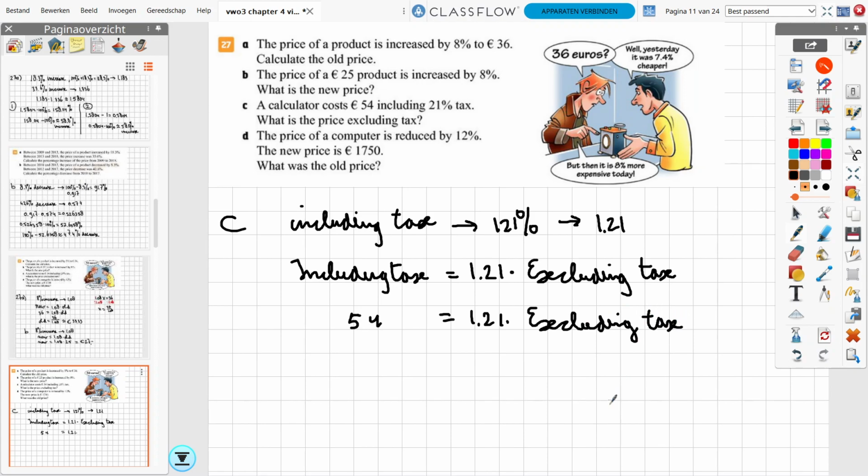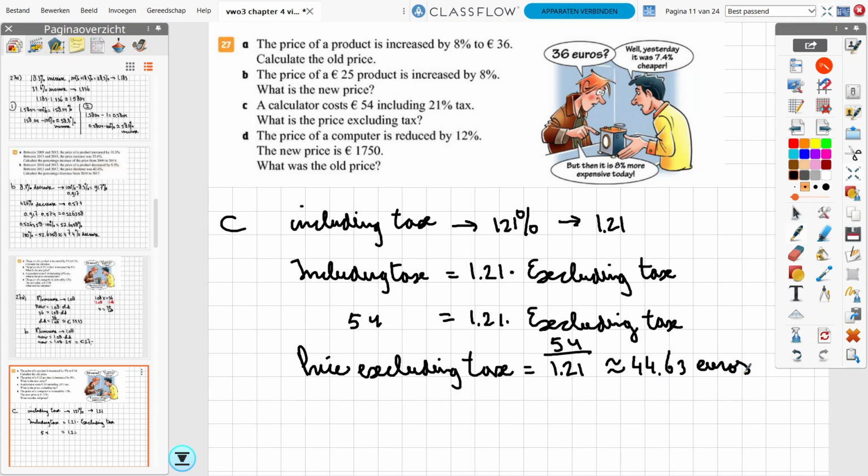And now you see why division is going to be used again here, because to get the price excluding tax, you use the balance method: divide by 1.21, and also divide the left by 1.21. Let's see what that's going to be. It's approximately 44.63 euros. Well, this also works.